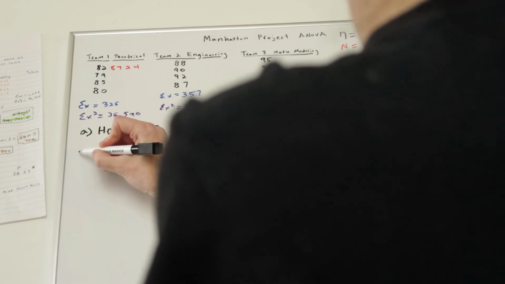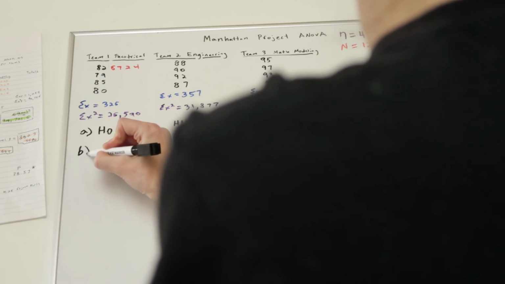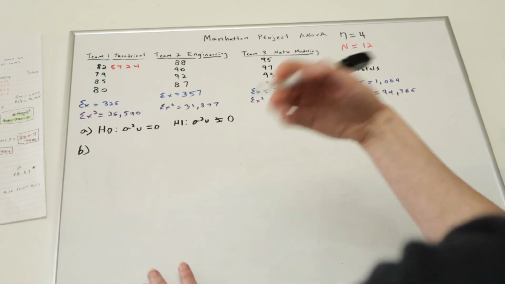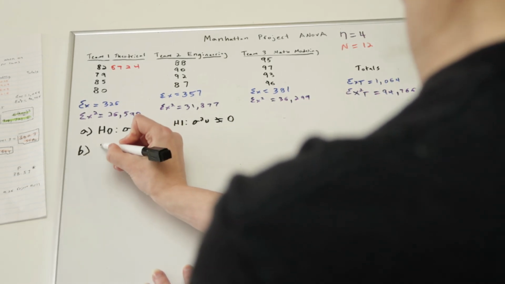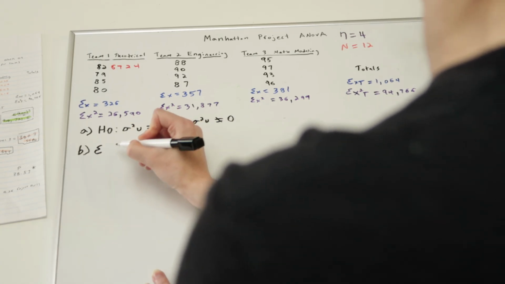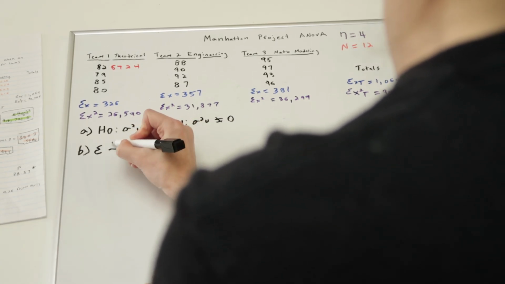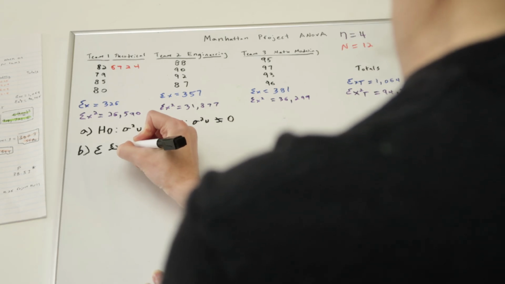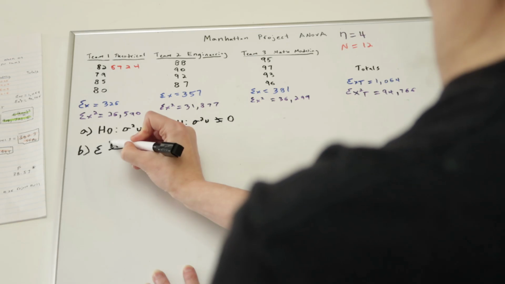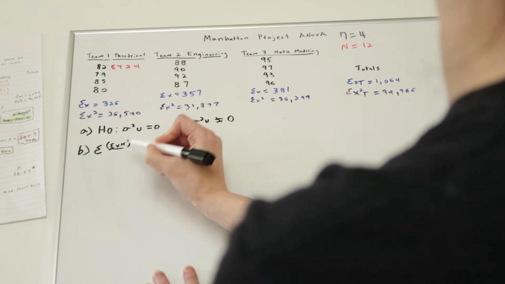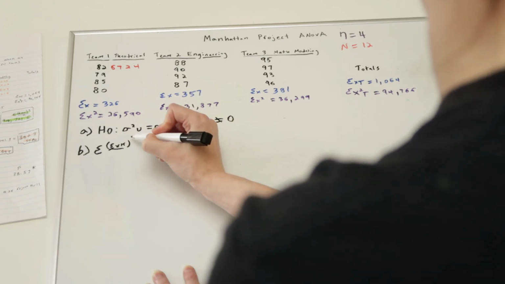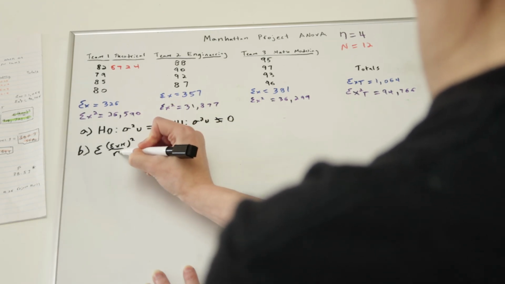So now in part B, I'm going to show you the steps that we need to take. We need to find this value, which is the sum of the group scores squared over n.